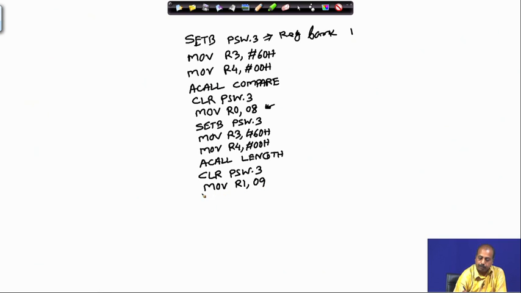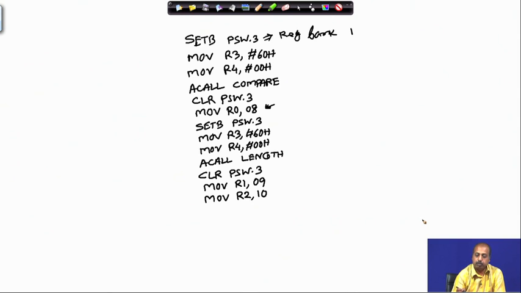That is the length of the first string, and then MOV R2, 10. This will take the length of the second string available at register 2 of bank 1 to register 2 of bank 0. So, that is the end of the program.